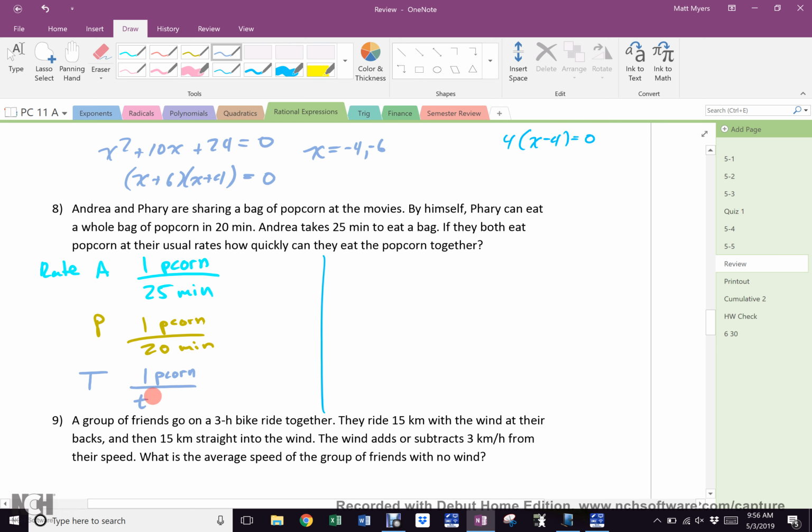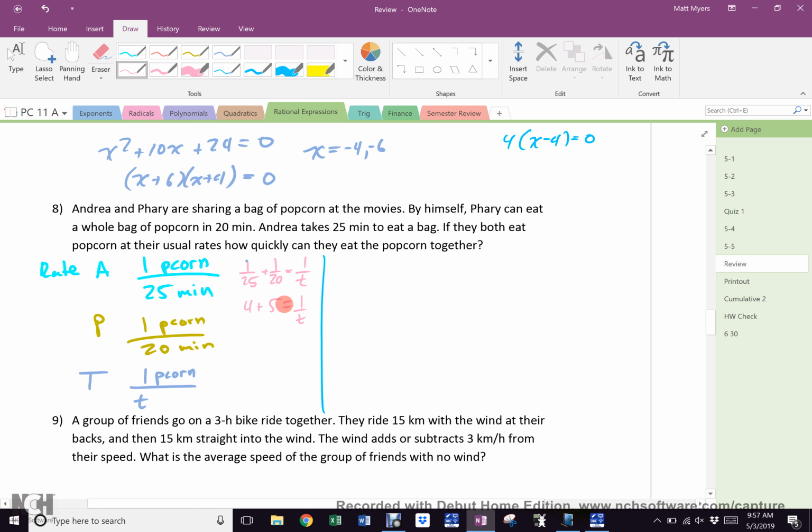I don't know. So it becomes 1 over 25 plus 1 over 20 equals 1 over t. And then we solve. What's the common denominator? 25 and 20? 100. So that is 4 plus 5 equals what? 1 over t, yes?